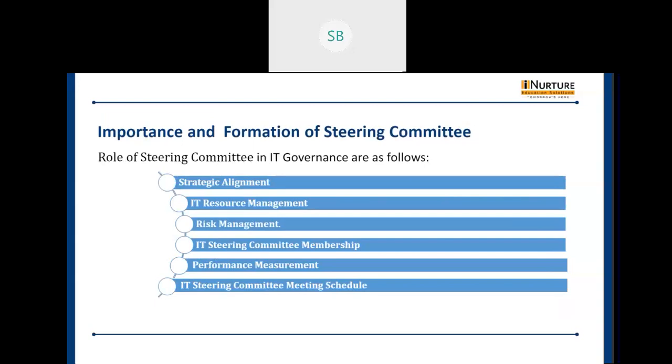Now we have a few roles for the steering committee to play. First is strategic alignment. In the last class also we studied strategic alignment for the strategy committee. It ensures that all your long term goals have a corresponding element in the short term.